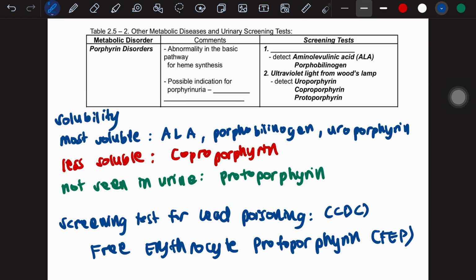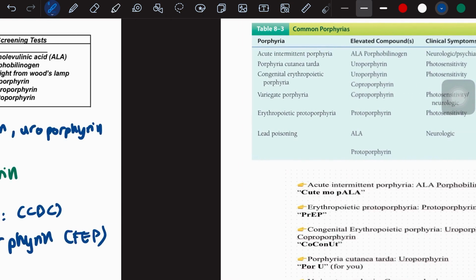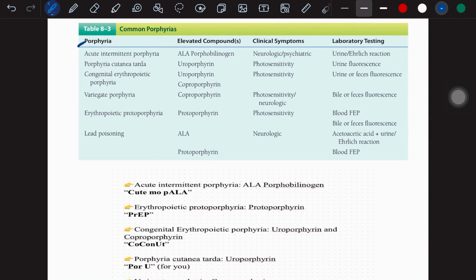So the disorders of porphyrin metabolism are collectively termed porphyrias. So they can be inherited or acquired.